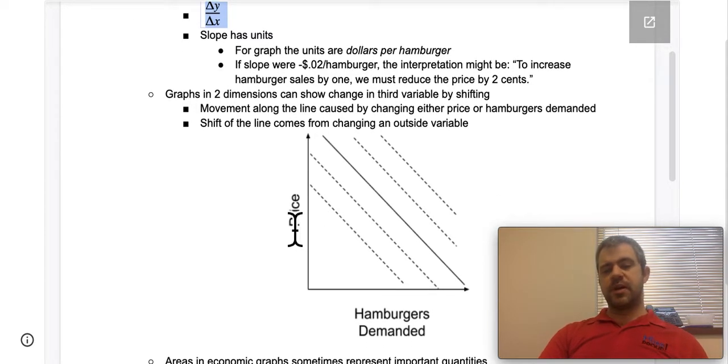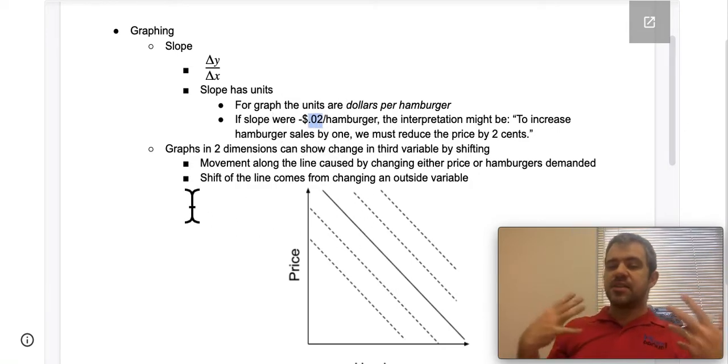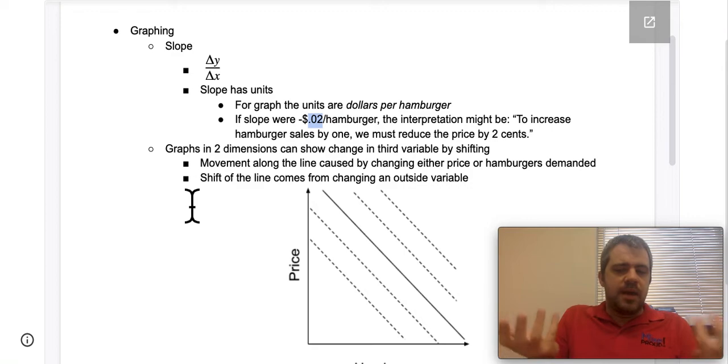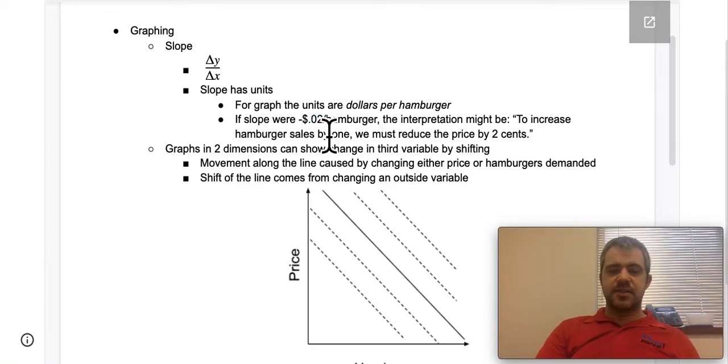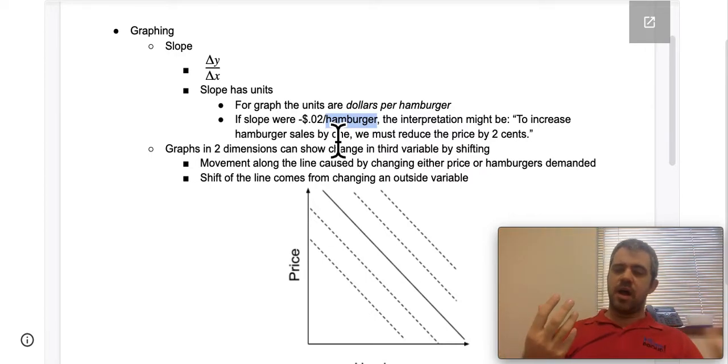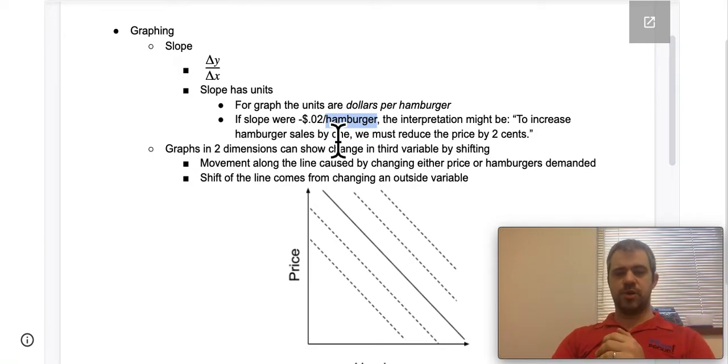So for example, look down here. We've got two variables. We've got price and hamburgers demanded. Okay, this is our y, this is our x. So if I say that the slope is -0.02, that's not enough. That doesn't help you make sense of what's going on here. What the slope is, it's -2 cents per hamburger. Okay, so as we get one additional hamburger, the price goes down by 0.02.